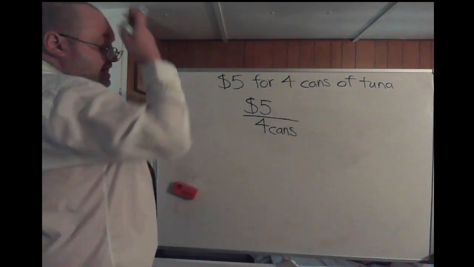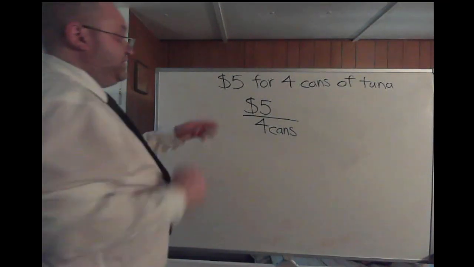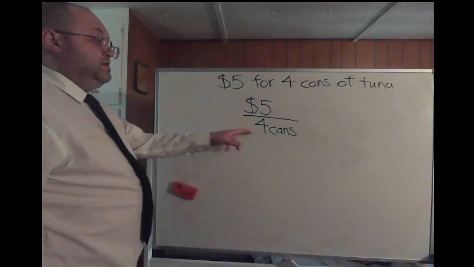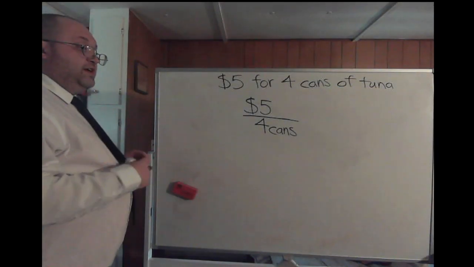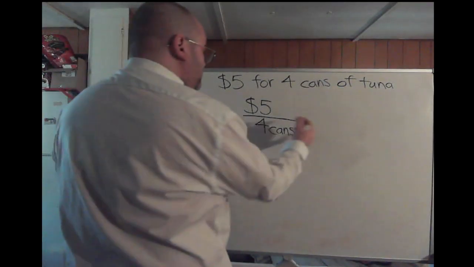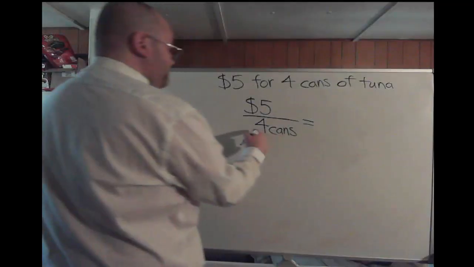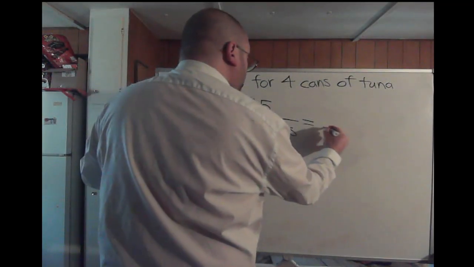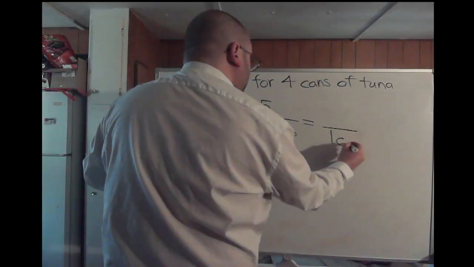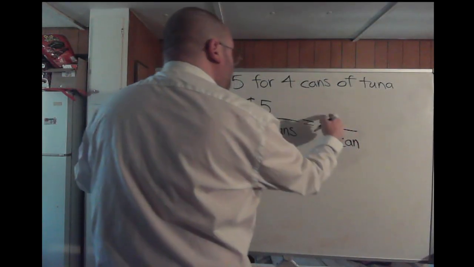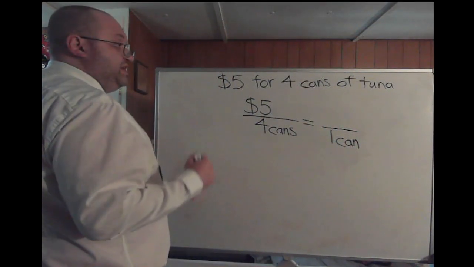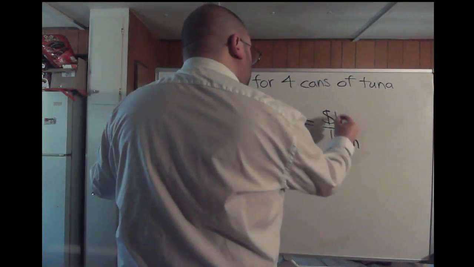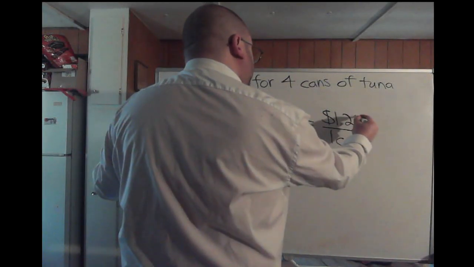If you want to find, of course, our goal is to find the unit rate, which means find the rate for 1 can. Well, if we want to find the rate for 1 can, we got to divide both numerator and denominator by 4. If we divide 4 cans by 4, you'll get 1 can. But you got to do it to the numerator also. $5 divided by 4, well, that happens to be $1.25.